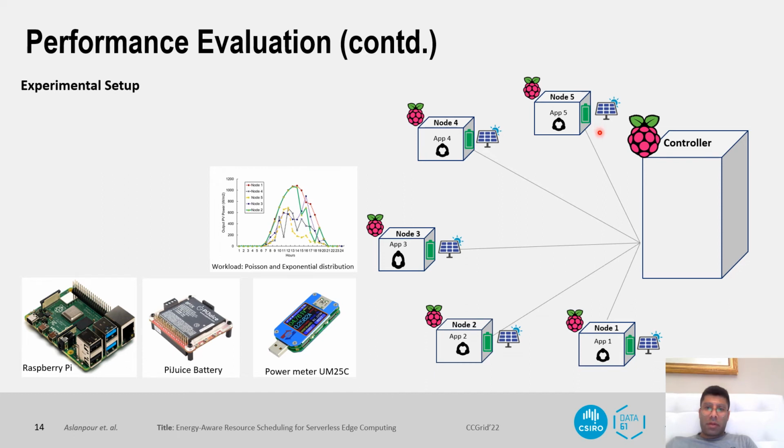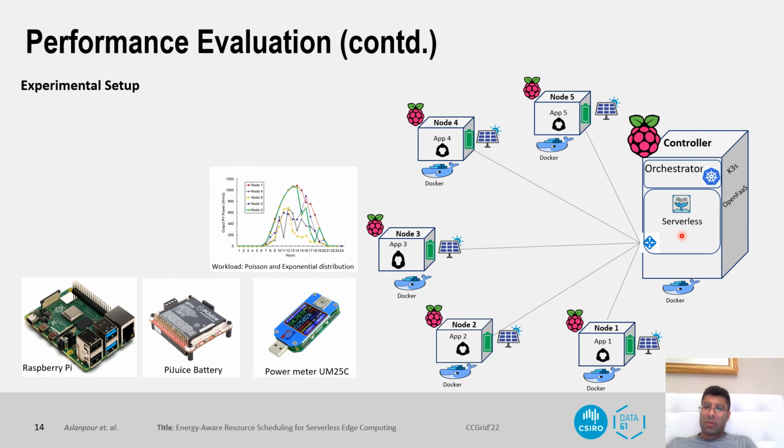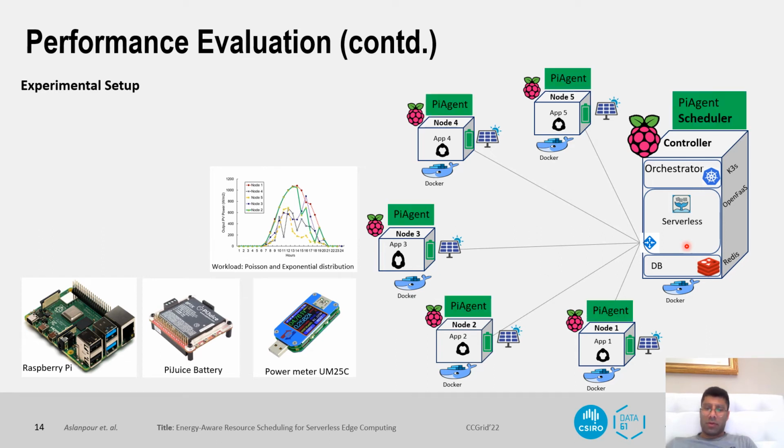We give them renewable energy sources with different rates. We enable containerization. We deploy orchestrators such as K3s, the light version of Kubernetes, and we use OpenFaaS, the serverless platform. We also have a database.